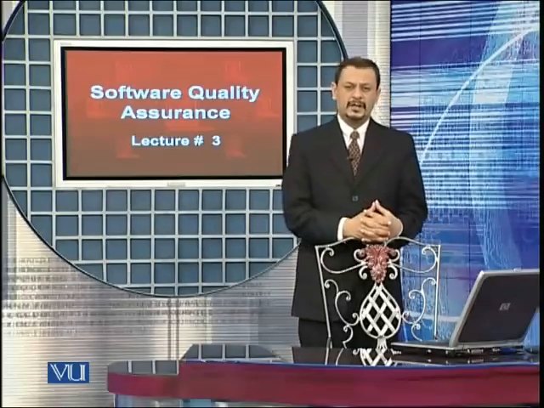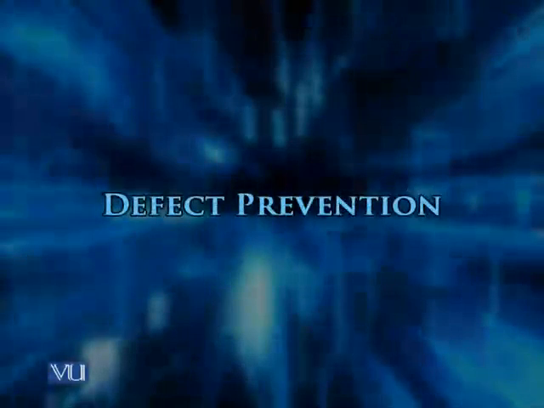Now, for the rest of the lecture, we will talk about defect prevention. What we really want is for defects to not enter our work products. We do not want errors, mistakes, or faults in our requirements. We don't want them in our design.